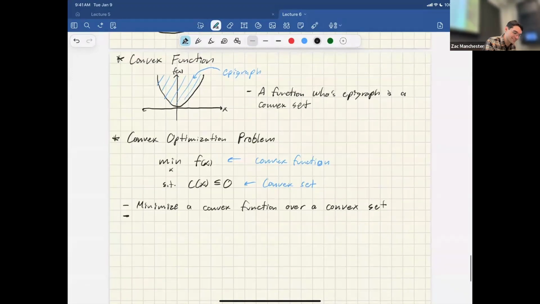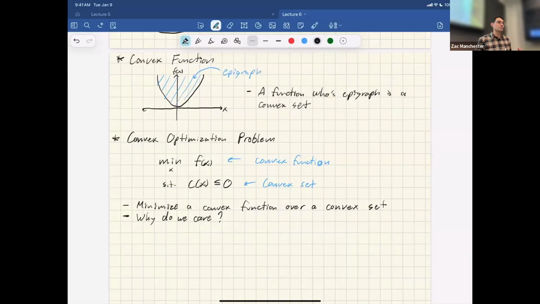Why do we care about this? Do you have any insight? Why do we care? Really easy to solve, big algorithms. Yeah, so that is why we care. Expanding on that, with convex optimization problems like this, you can always find the global optimum, certifiably, in polynomial time, which means fast, basically.